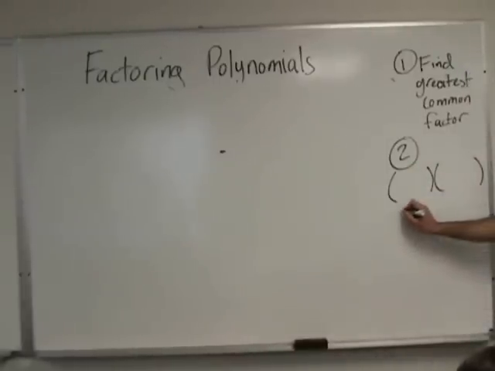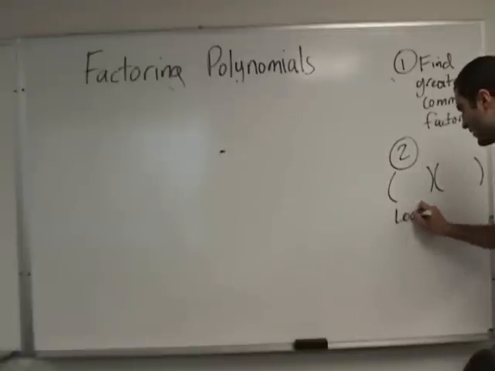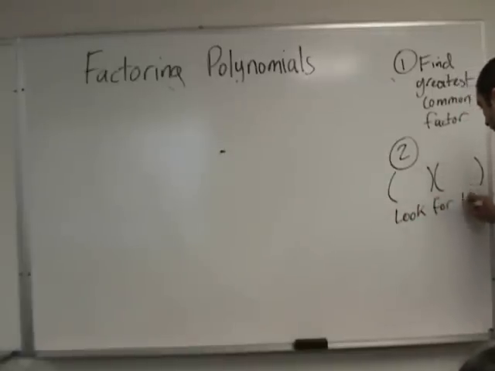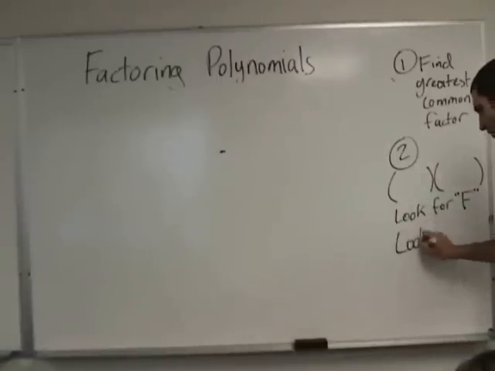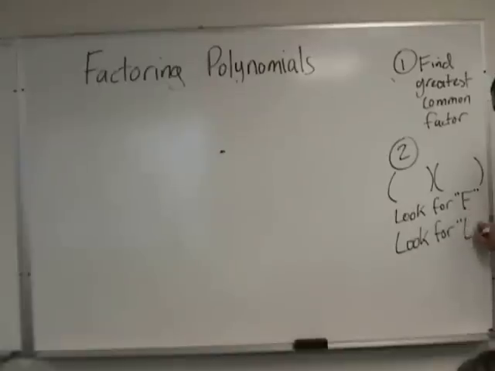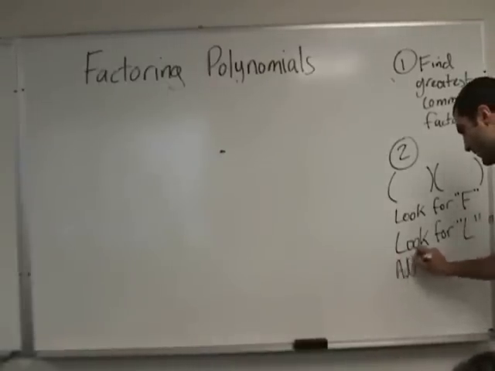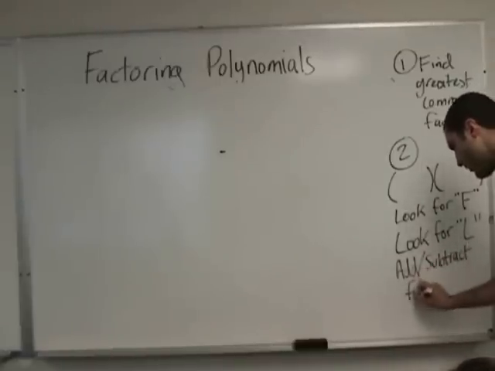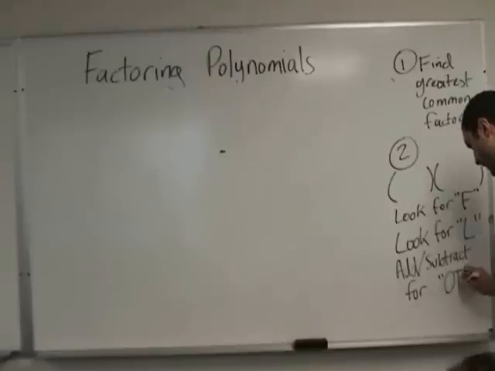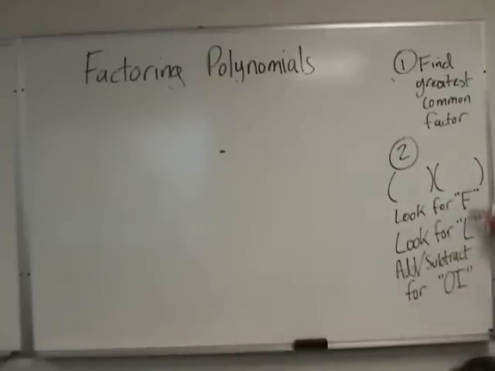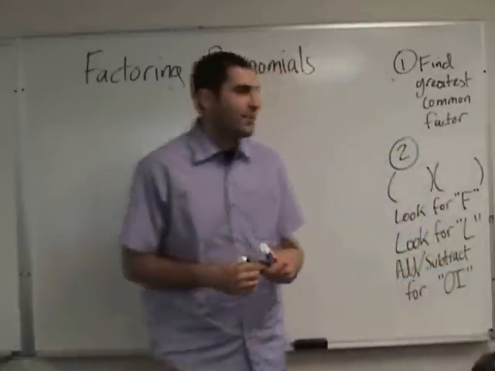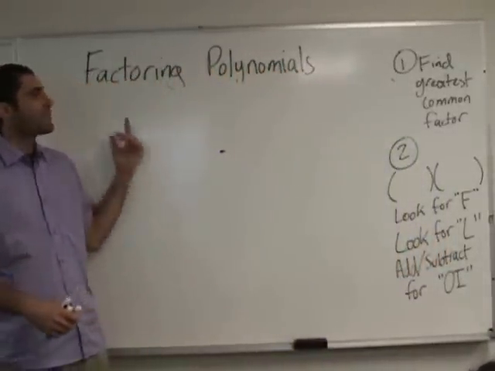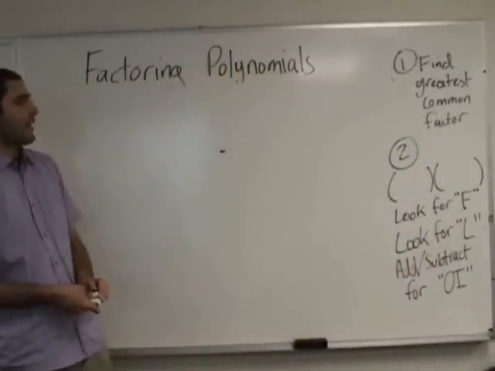And then we can say, look for F. And then look for L. And then add, subtract for OI. This is borrowing from FOIL. FOIL, all right? First, outer, inner, last. It's the backwards function of factoring.